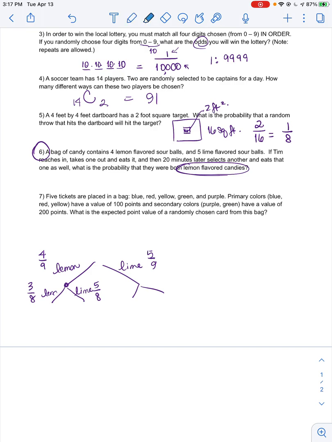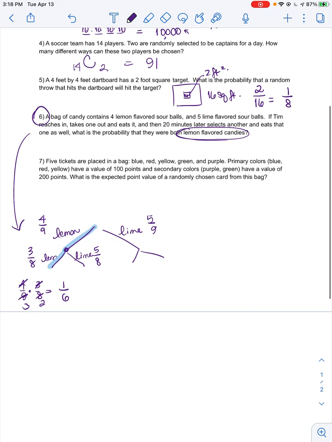So to find that out, I'm following this branch here. I know I multiply down the branches, so I get 4/9 times 3/8, doing a little simplifying here. I get that I have a 1 out of 6, 1/6 probability that they are both lemon flavored candies.